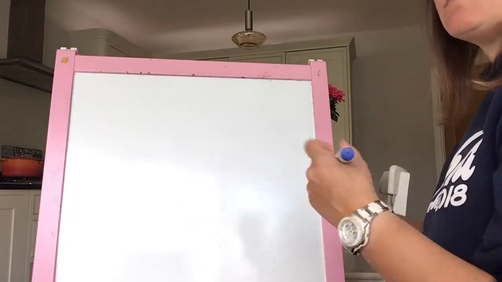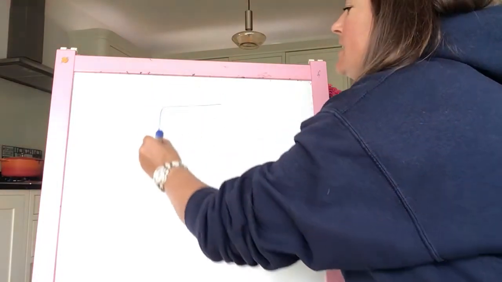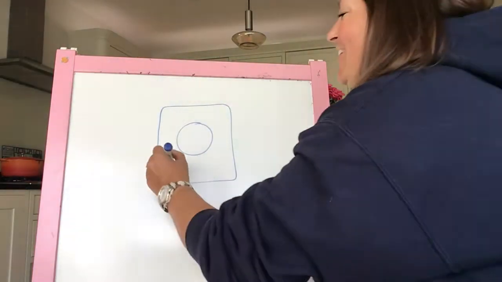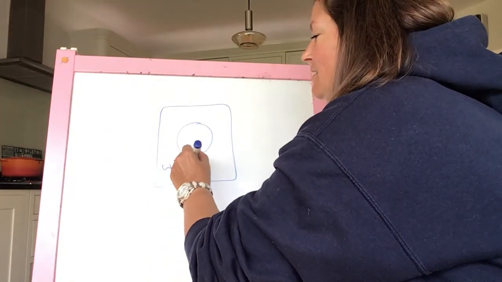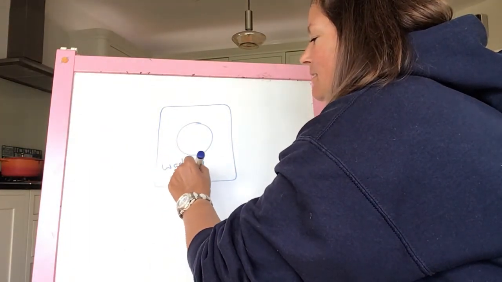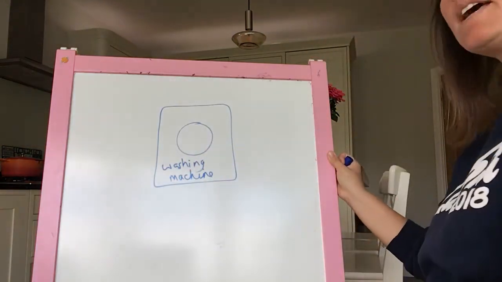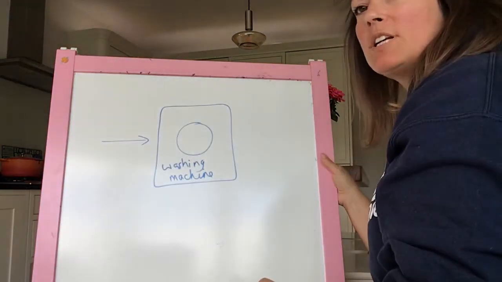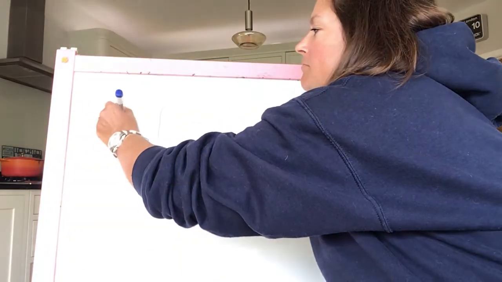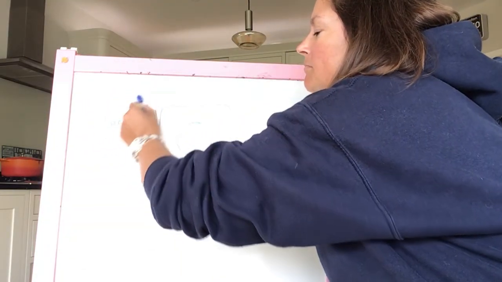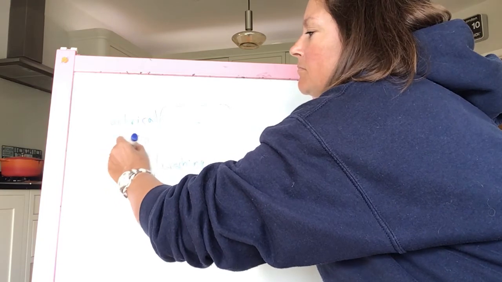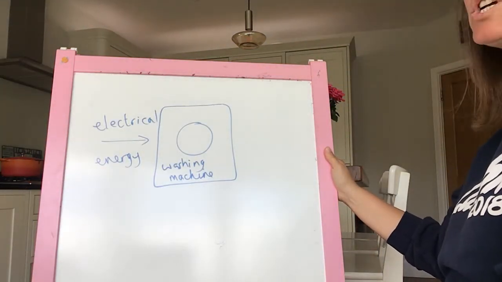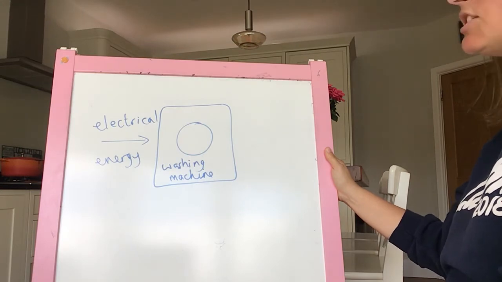Okay, so excuse my artwork, but this here is a washing machine. All right, a washing machine. So to get the washing machine working, we put electrical energy in, don't we? Electricity. Now, what kind of energy does the washing machine turn the electrical energy into?